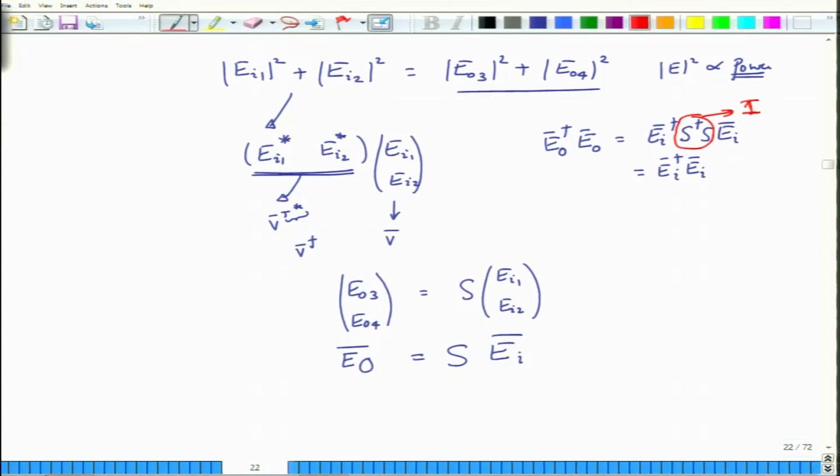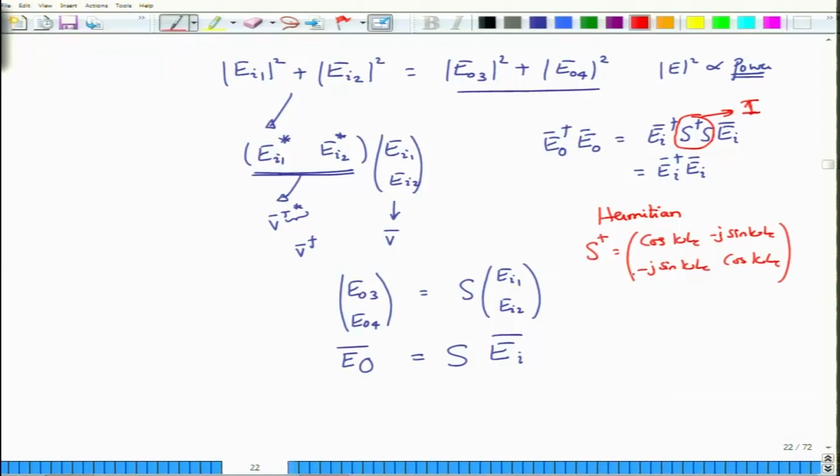Any matrix that satisfies this condition is called a Hermitian matrix, or a matrix with Hermitian symmetry. What is S adjoint here? That would be cosine kappa LC, j sin kappa LC, and minus j sin kappa LC, cosine kappa LC.